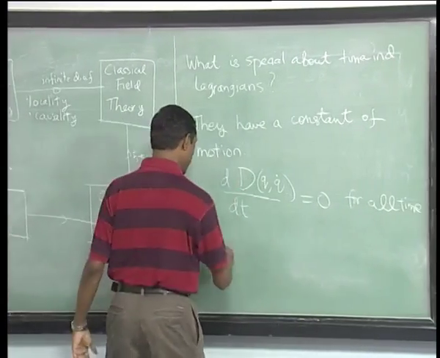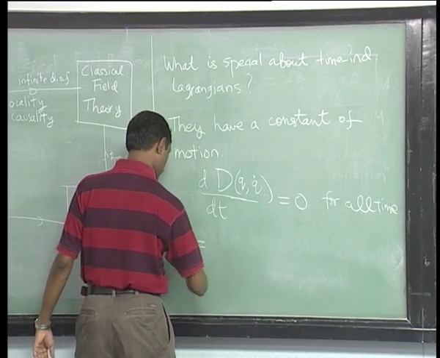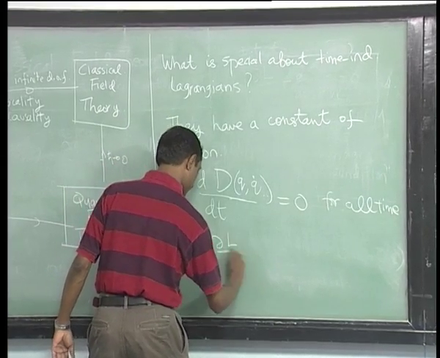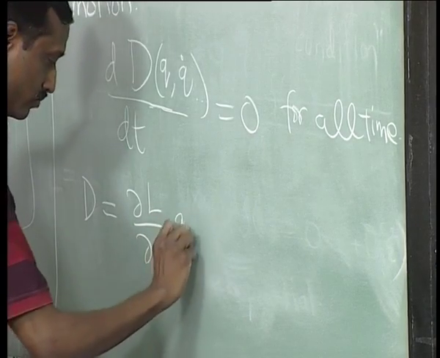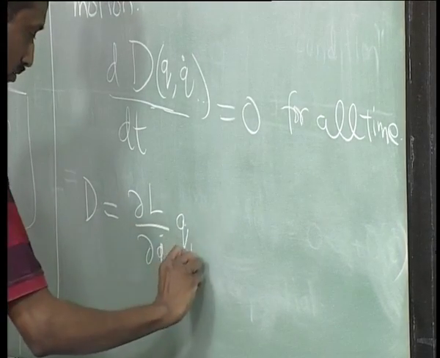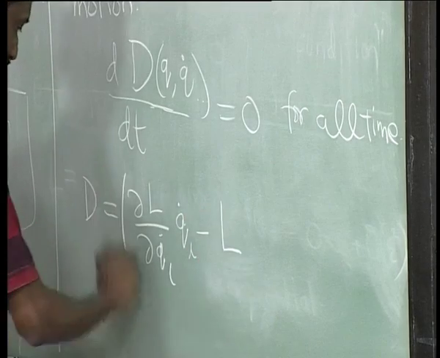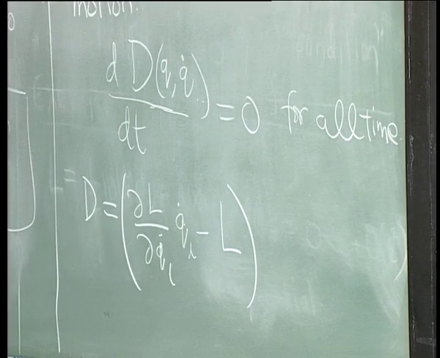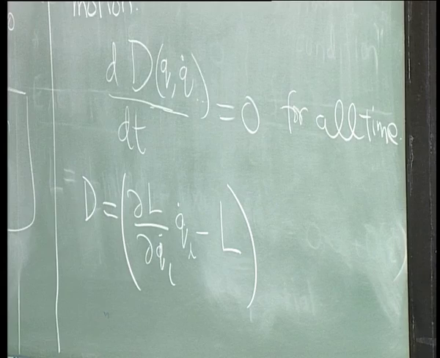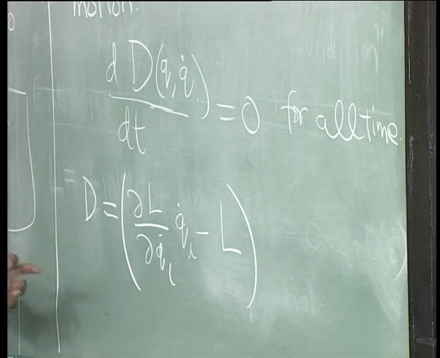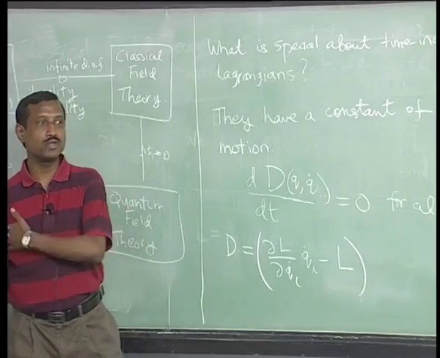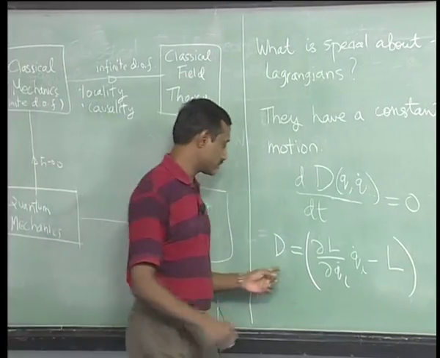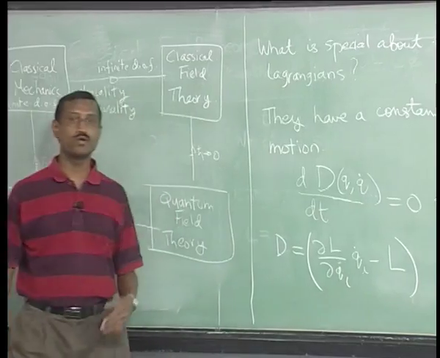It is usually called the energy. So, in this case D you can show is p q dot. This is the energy. This is not the Hamiltonian, for the simple reason that the Hamiltonian is a function of two different variables. So, D here is only a function of q's and the q dots.